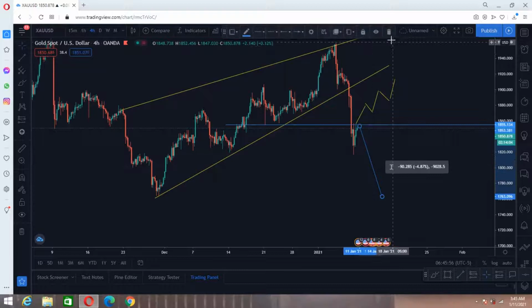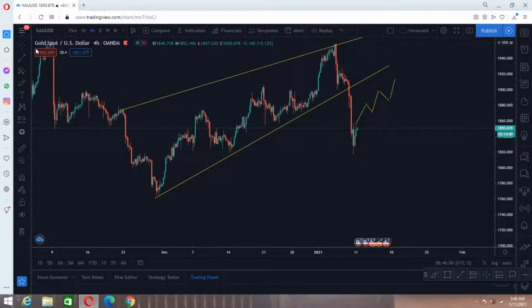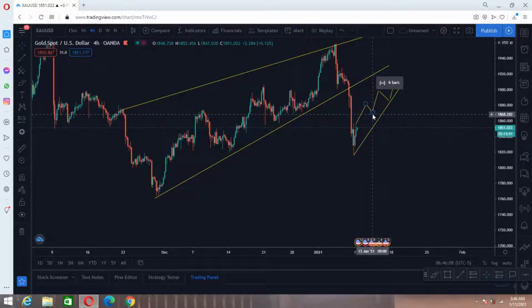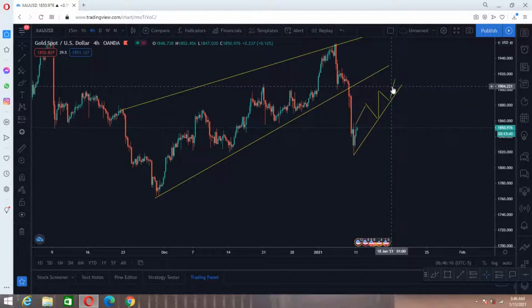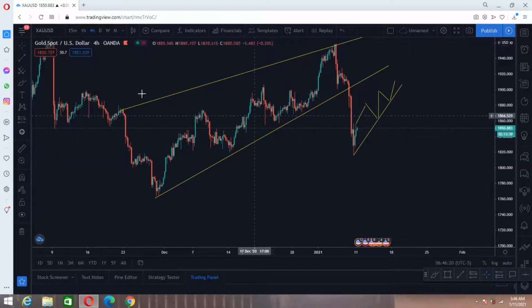Let me just remove this one. If it doesn't pass that zone that I showed you, then this is what I'm expecting on gold. I'm expecting it to do a reversal pattern here.